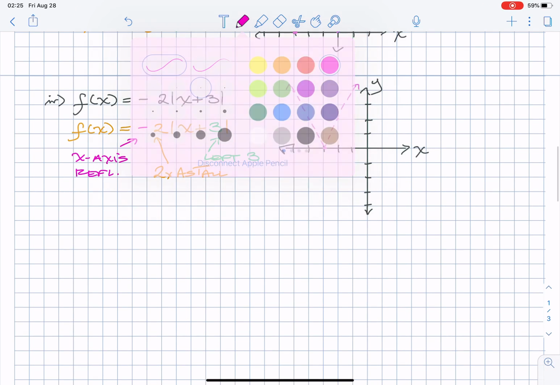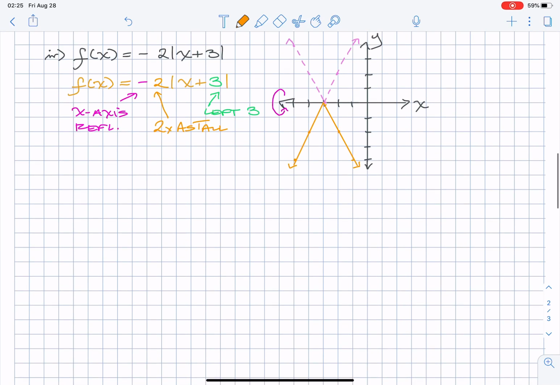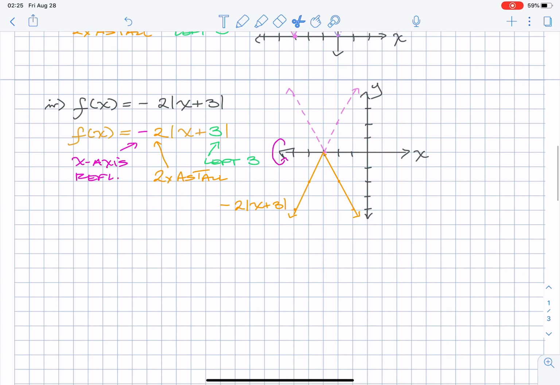So because of this hot pink negative, I'm going to reflect about the x-axis, which means it's just going to go downhill. It's going to be like a mirror image, as if this were water and it were reflecting. Okay, so this down here would be the graph of negative 2 times the quantity absolute value of x plus 3.